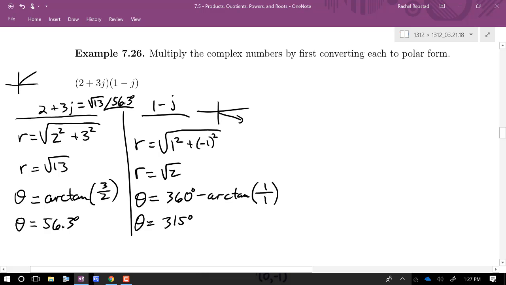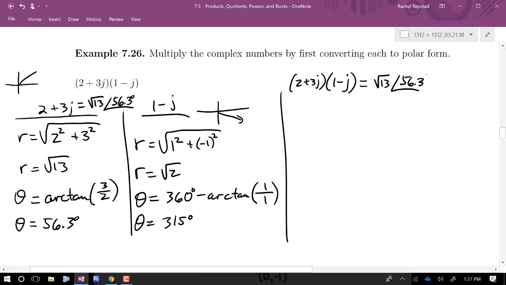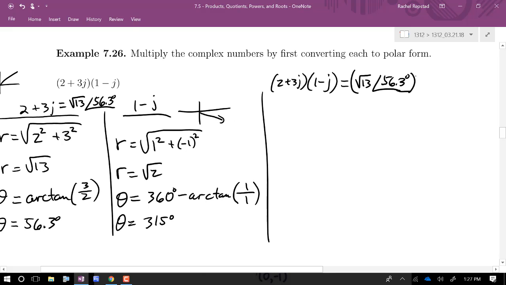Okay. So we have these pieces done. So now 2 plus 3j multiplied by 1 minus j is equal to the product, root 13 at 56.3 degrees, times root 2 at an angle of 315 degrees.